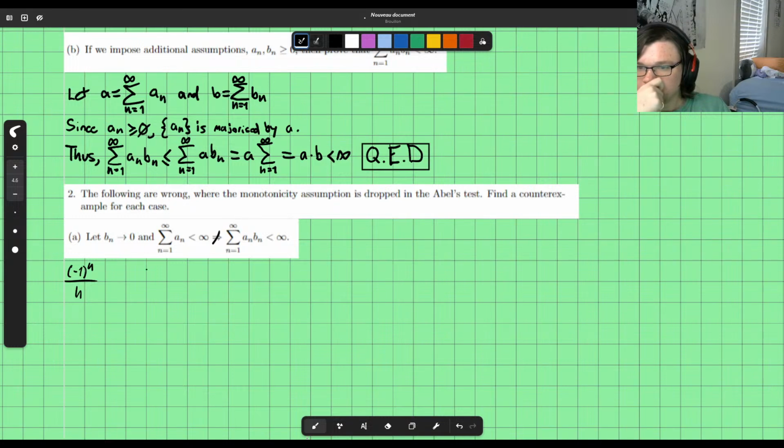What if I said 1 over n squared? That wouldn't work, because that would go to infinity. That would also need to be not monotone, I think. I think that's the trick, is that the second one has to also be non-monotone. So what's a non-monotone?